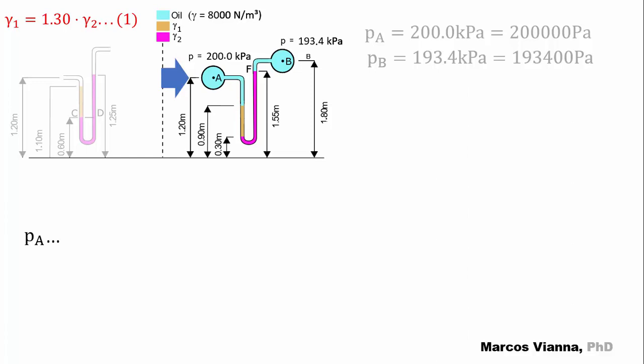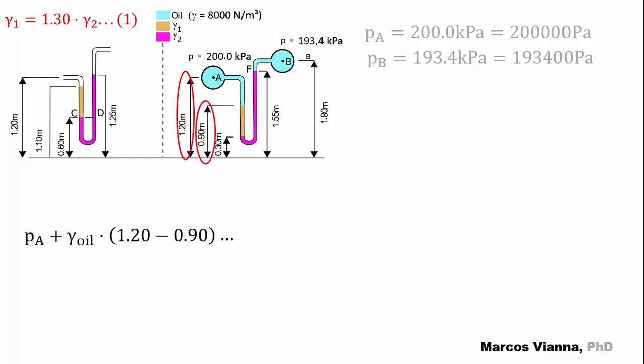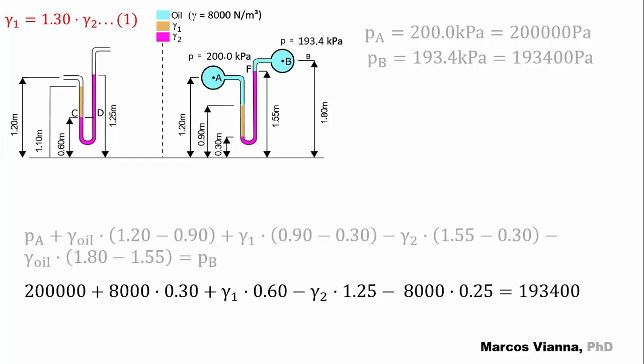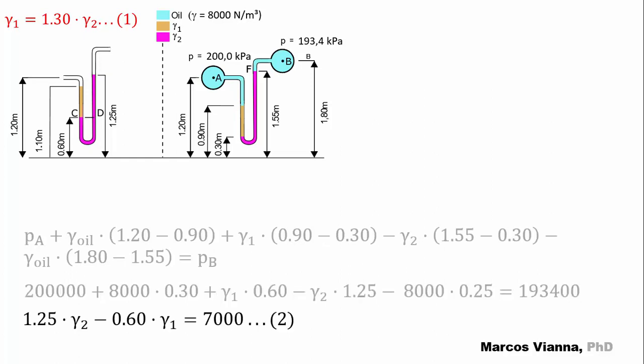Starting from point A in the direction of B, we write PA plus gamma oil times 1.20 minus 0.90 plus gamma 1 times 0.90 minus 0.30 minus gamma 2 times 1.55 minus 0.30 minus gamma oil times 1.80 minus 1.55 equals PB. Substituting the values, we come to this that we'll call expression 2.